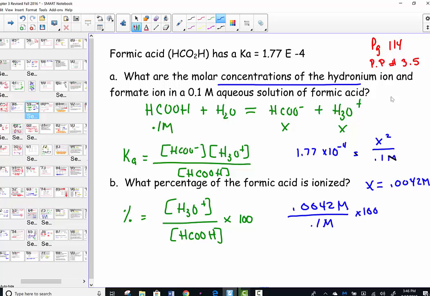So taking that X value of 0.0042, dividing it by 0.1, and expressing as a percent, you get 4.21% ionized, which allows us to say it was fine to toss out the X and not put 0.1 minus X, because the 5% rule says you can make the math simpler by tossing out the X if it's 5% ionized or less.